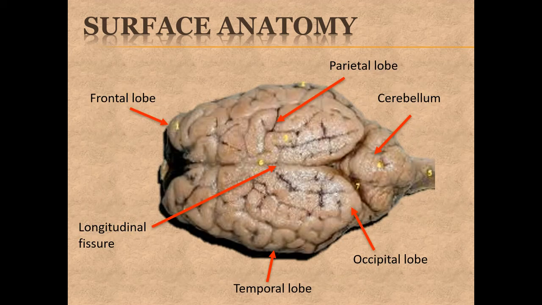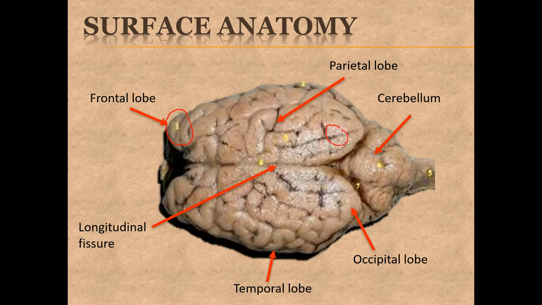So, for your practical exam, if I am going to ask you about the lobes, I will put pins in different places, but you will most definitely know exactly where it is.